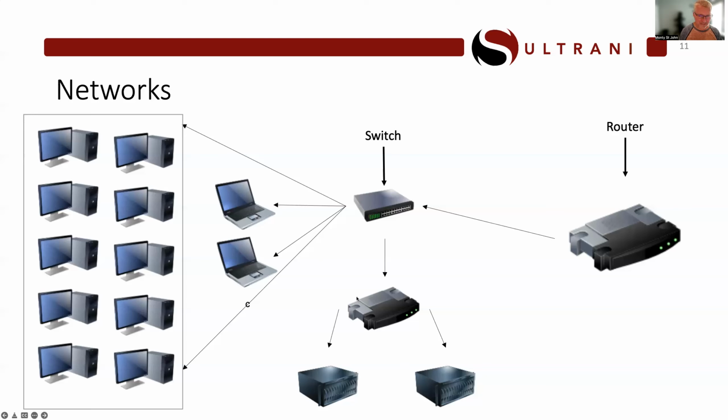Let me ask you this. If I didn't have this router and we were all part of the same local domain, could this computer right here see this laptop? Yeah. Okay. If this router was not there, could this computer see this server then? Yes. Which means we have what they call a flat network. Everything can see everything else.